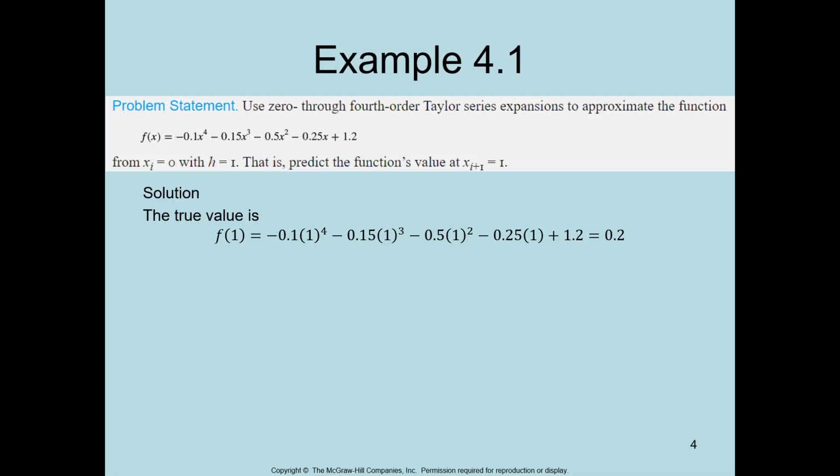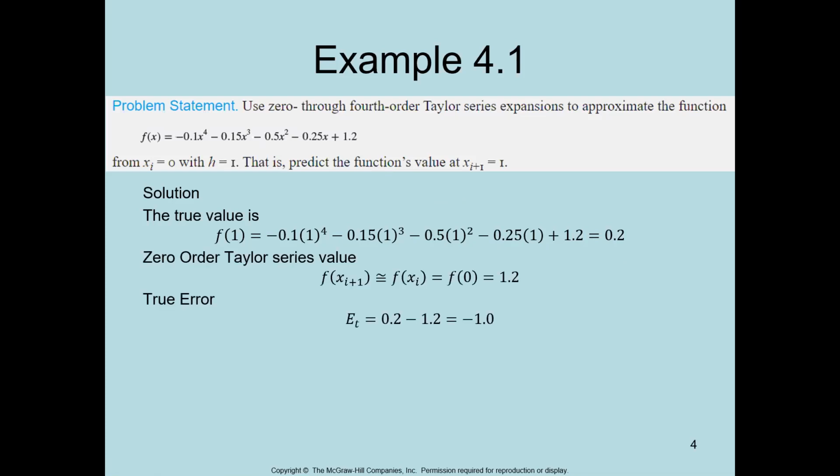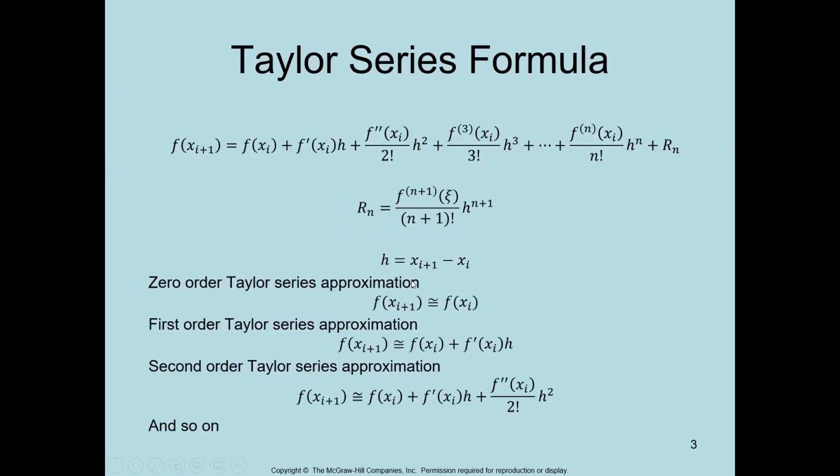First we will find the zeroth order approximation, which is just the first term of the Taylor series. As you can see, the first term of the Taylor series is the value of the function at the given point.